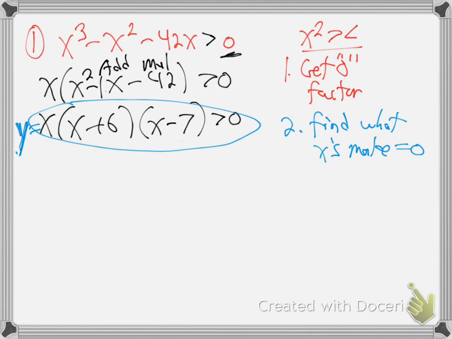The way we graph it is we say, well, first off, what makes it equal 0? So x is 0 would make that part 0. -6 would make that 0. And +7 would make that piece 0.